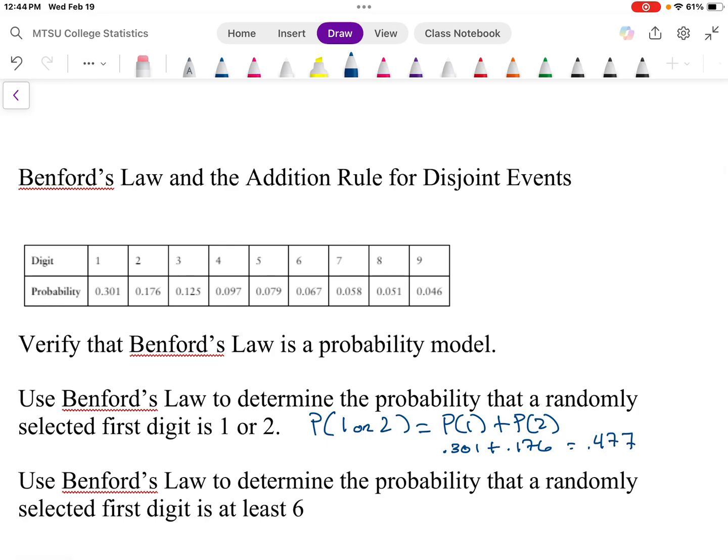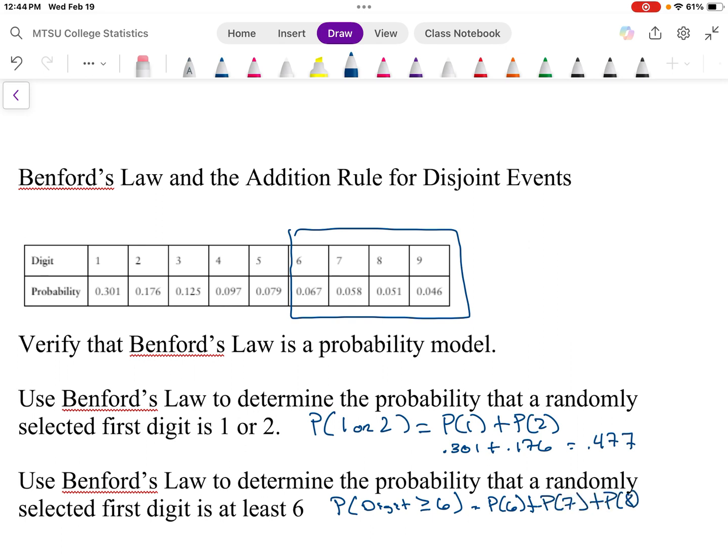Now, use Benford's law to determine the probability that a randomly selected first digit is at least 6. That's the probability that the digit is at least 6, and at least means greater than or equal to 6. So I'm looking at all of these sections together. I can take the probability of a 6, plus the probability of a 7, plus the probability of an 8, plus the probability of a 9.